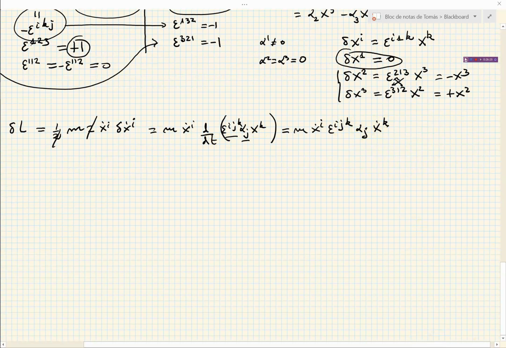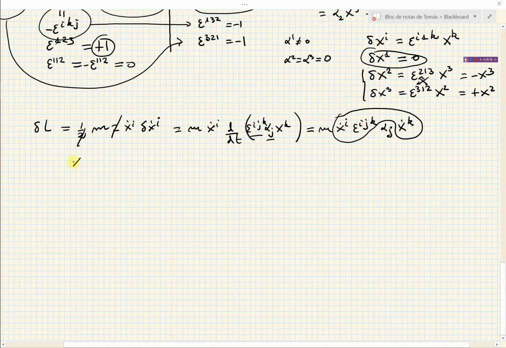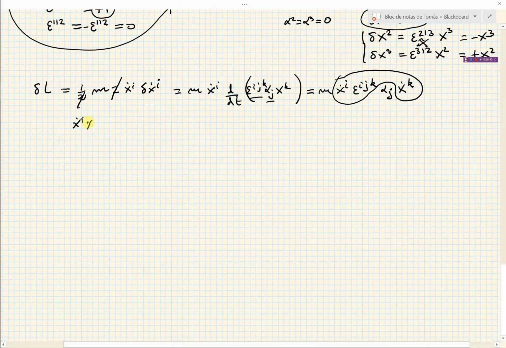And now you have to focus on these terms. x dot I x dot k is clearly the same as x dot k x dot I, so it is symmetric in the interchange of I and k. However, this epsilon, which is contracted with x dot I and x dot k, is antisymmetric in the interchange of I and k.